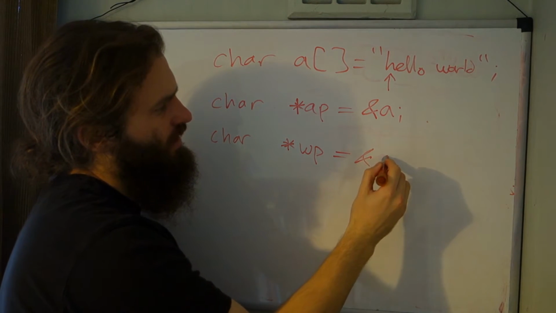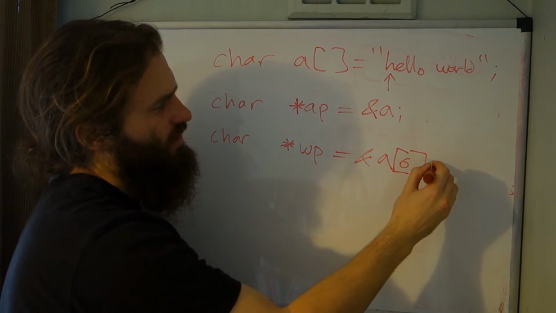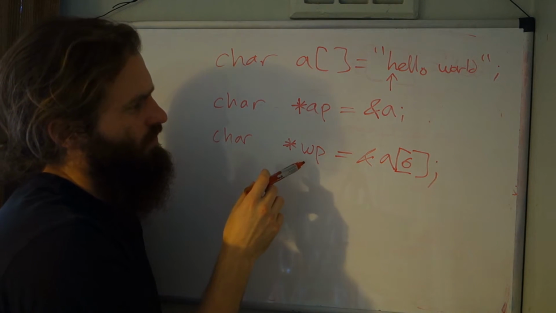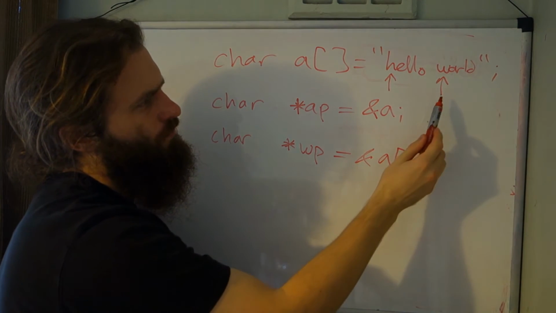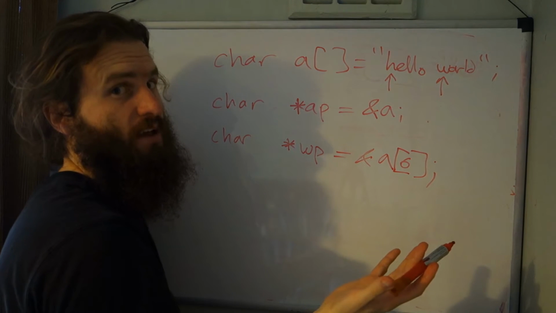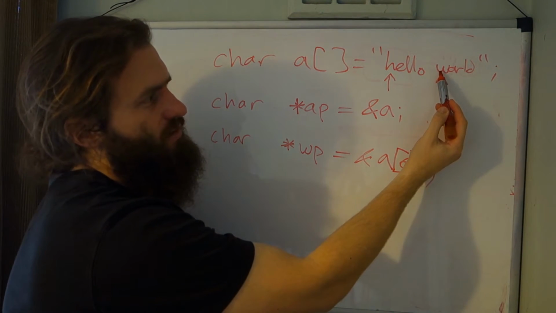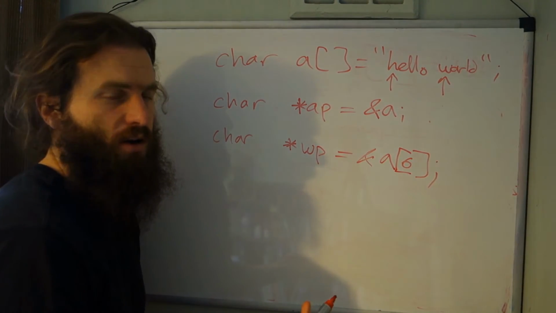We could then say address at element 6, and that will then be a valid character pointer. It will just start here instead. And then when we pass that into any function that expects a null terminated string, it will simply act as if that was the beginning of the string, and it will process it until it gets to its null terminating byte.